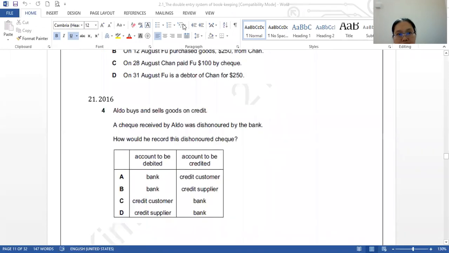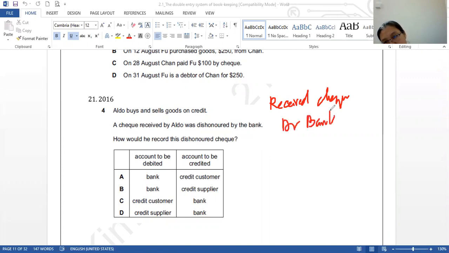21. Aldo buys and sells goods on credit. A check received by Aldo was dishonored by the bank. How would he record the dishonored check? When you receive a check, you will debit bank and credit a person's name.